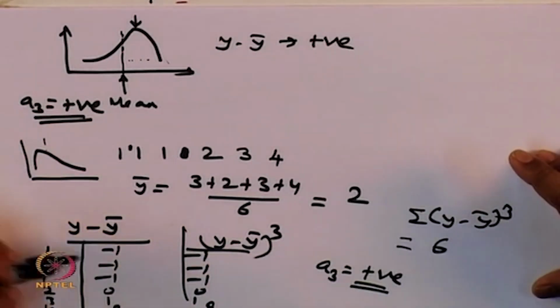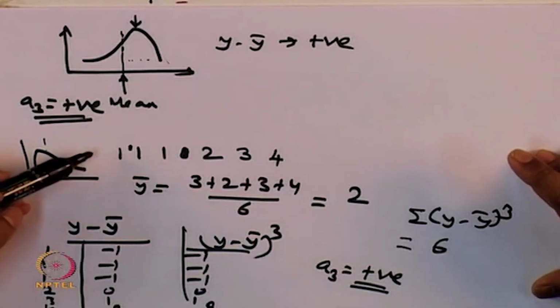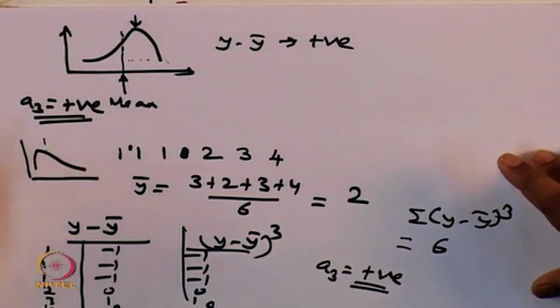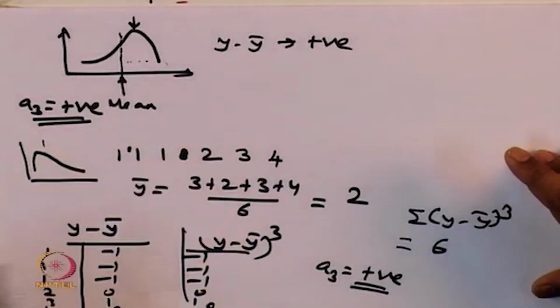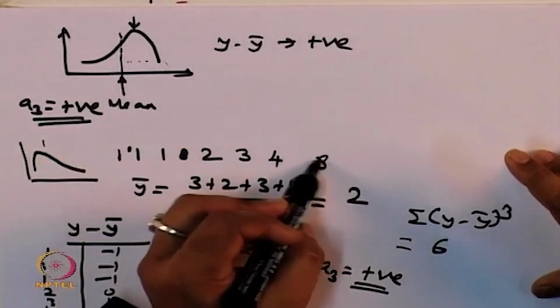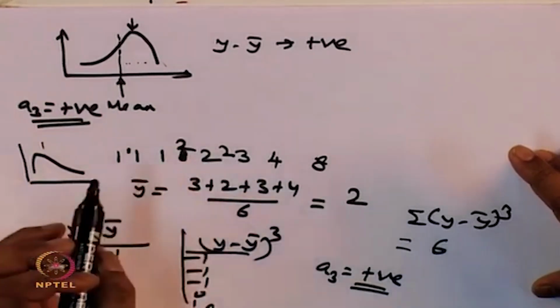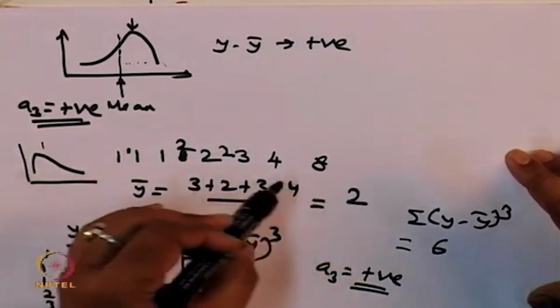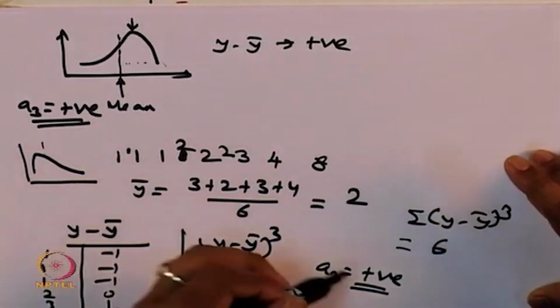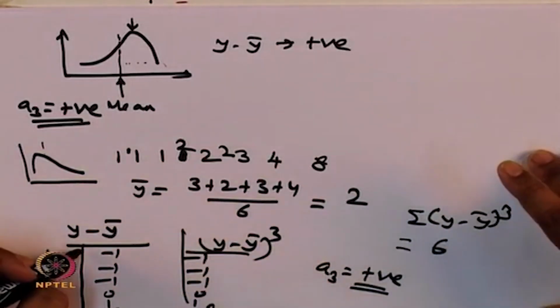But you can see that if these numbers were much to the left, if you had a few more of 2, 3, 4 and you had one number as 8, and you had 2 more of 2, 3 more of 2, and did this for this particular distribution, you might see that this will slowly become negative.